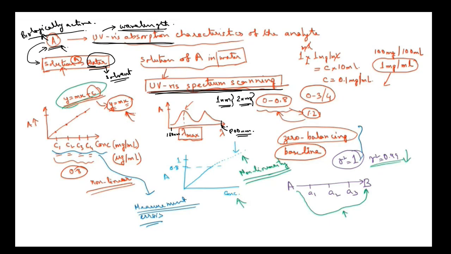The larger the step, the faster will be your scanning, but you will be losing the resolution of the scanning to a great extent. If you go above 1 or 2 nanometer step size, then you will start losing the resolution.